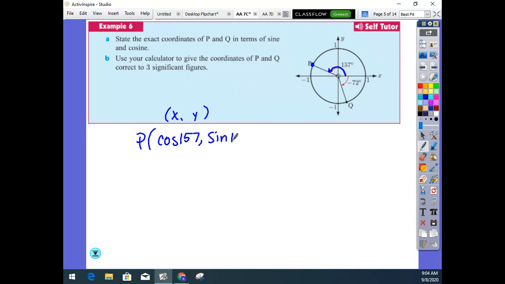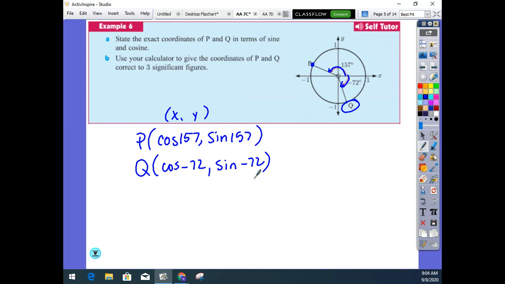Y is sine of the angle. Same for Q. X is cosine. This time I'm doing a negative angle because I'm going backwards, -72. Y is sine of the angle, -72.